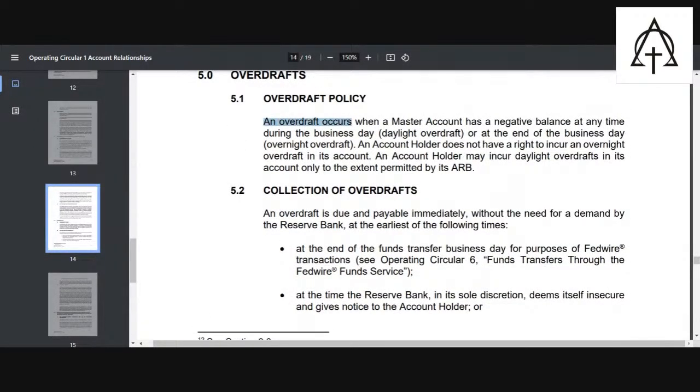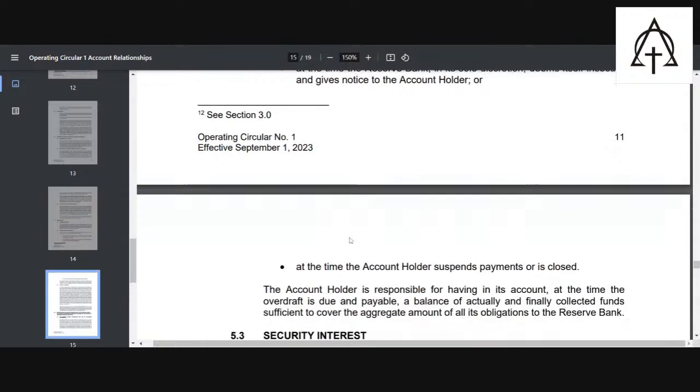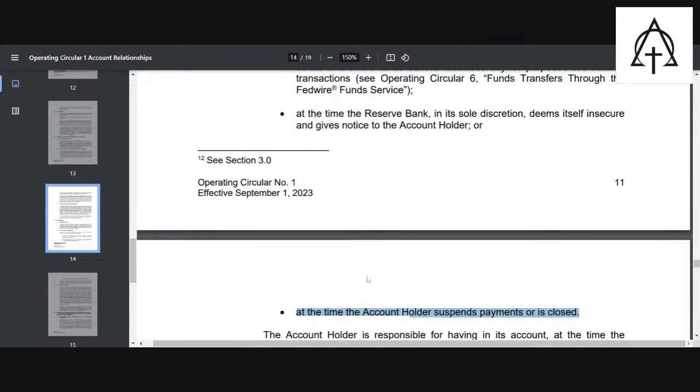An overdraft occurs when a master account has a negative balance. How, under collection of overdrafts, if an account holder suspends payments or closes the account, is that an overdraft?